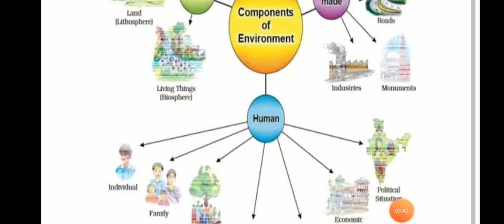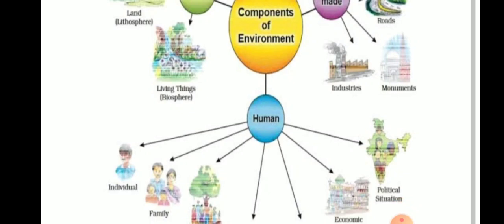Third, human environment. Human environment is where human beings interact with the environment and modify it according to their needs. Do you think modification is done in the environment in one day? No. Modification in the environment does not take place instantly, but with the passage of time, as people's needs changed and grew, humans learned new ways to use and change their environment according to their needs, like growing crops and animal domestication.